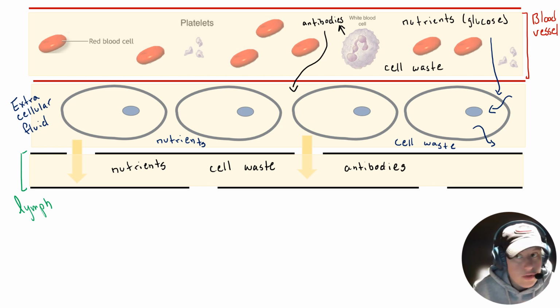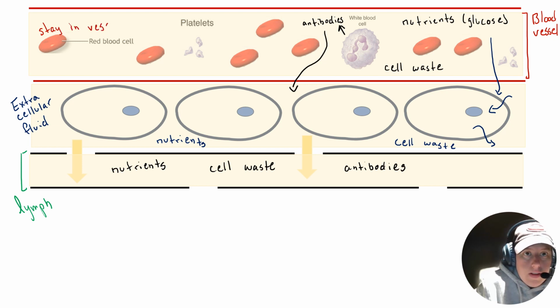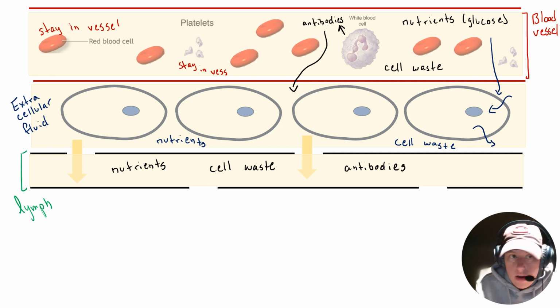The things that don't leave the blood vessel: the red blood cells don't leave the blood vessel. So our red blood cells stay in the vessel. That's why you don't see them in the extracellular fluid. Our platelets stay in the vessel. That's why you don't see them in our extracellular fluid, and that's why you don't see them in the lymph.